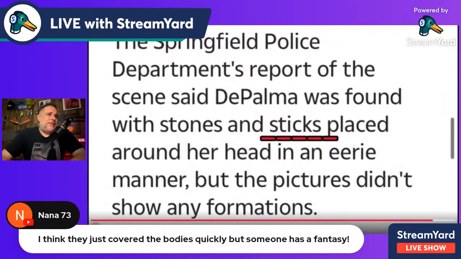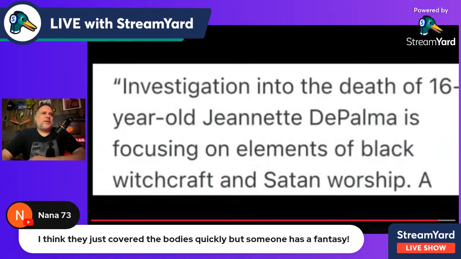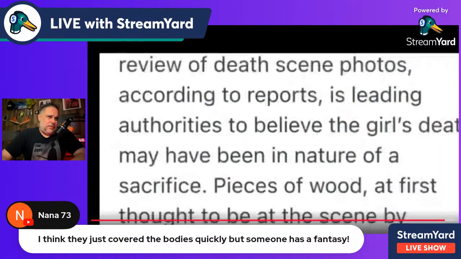The interesting thing here is that there were sticks placed around her head in an eerie manner. According to the police, there were also wooden crosses made from sticks, and they were looking into black witchcraft and Satan worship. So that was hypothesis number 7, guys.